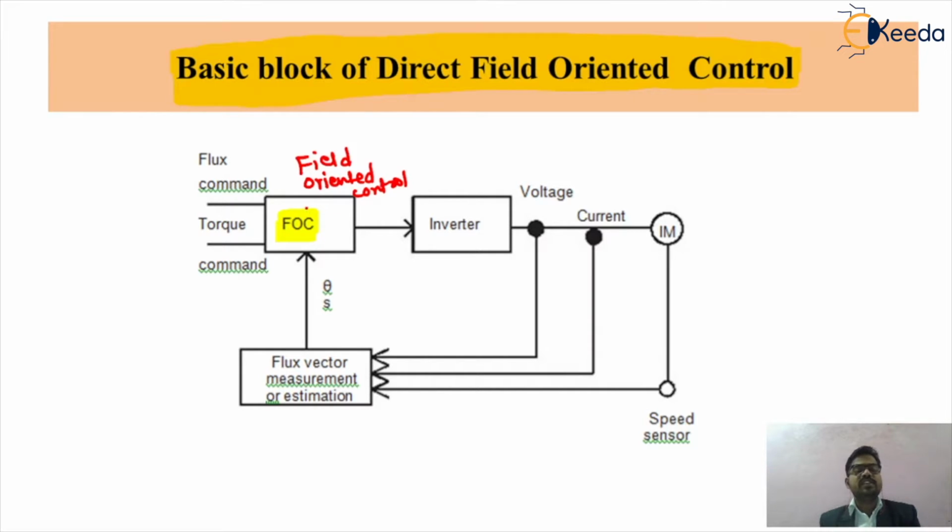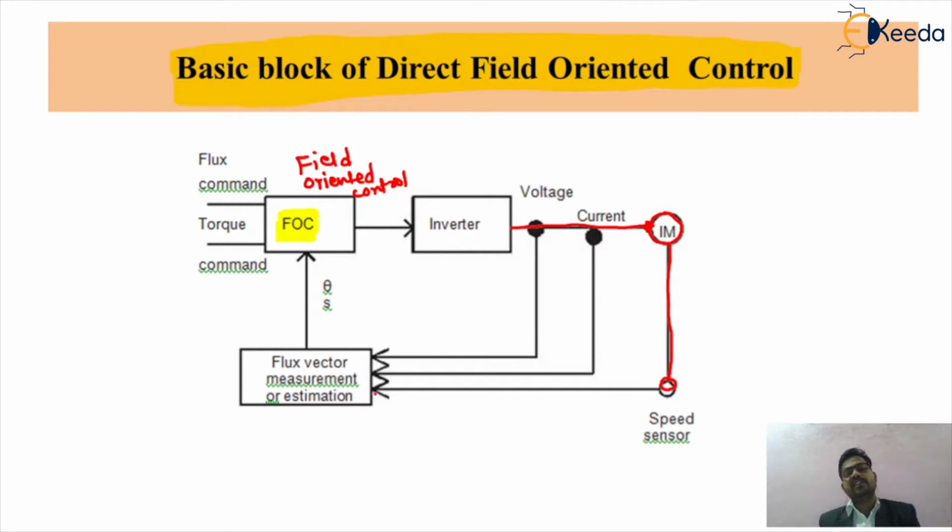So friends, as we see in that FOC scheme, first of all, this will be your induction motor. We are giving the supply to the induction motor by means of an inverter. From the induction motor we can connect one sensor, which we call the speed sensor.